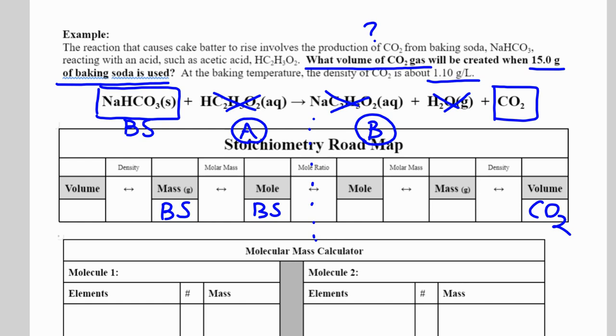Again, in the midline, we convert from chemical A to chemical B using the mole ratio, which in this case is 1:1. So we're going from baking soda to CO2. And then we convert from moles of CO2 to mass of CO2 using the molar mass. Then we're going to use our density to convert from mass of CO2 in grams to volume of CO2 in liters. So I just mapped that out.